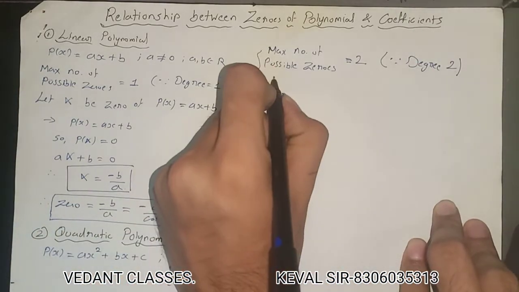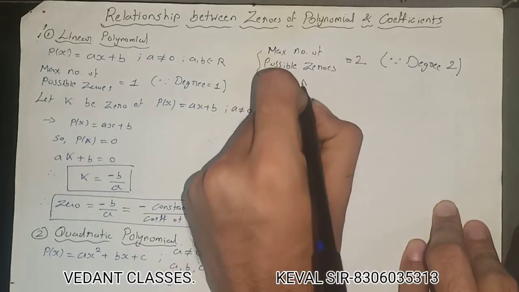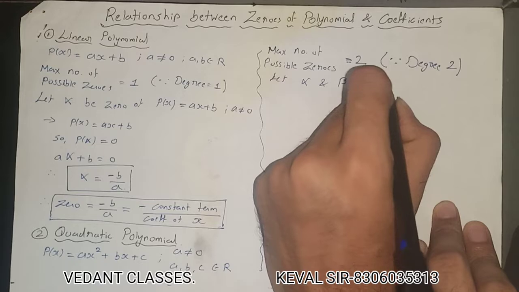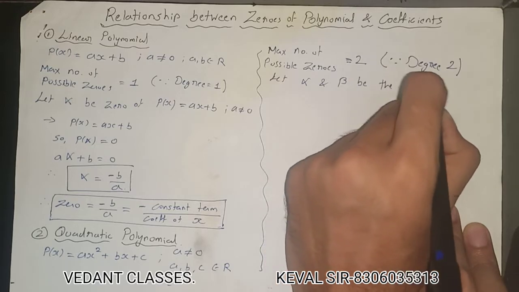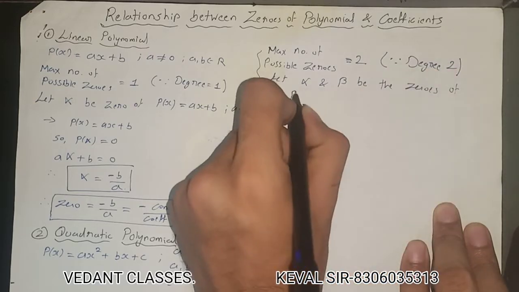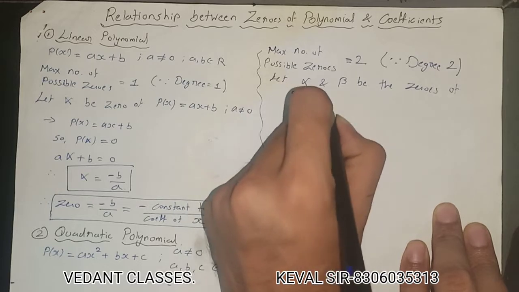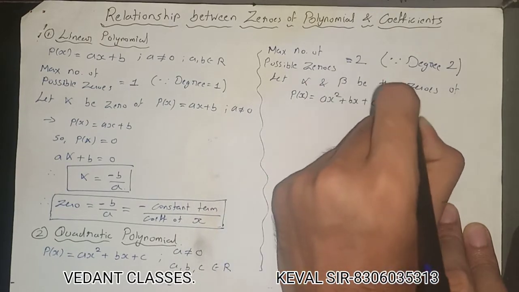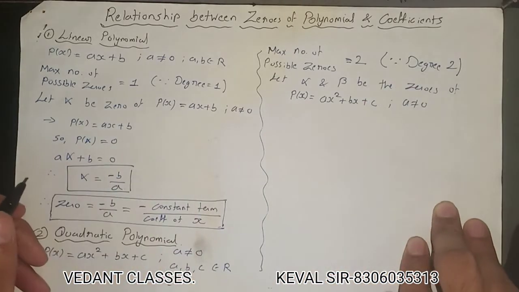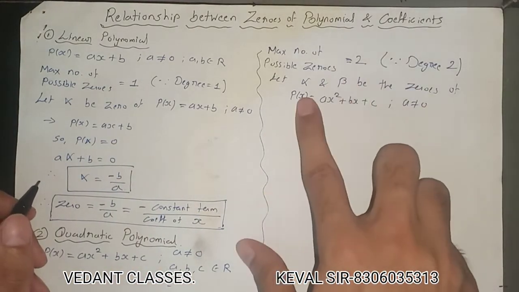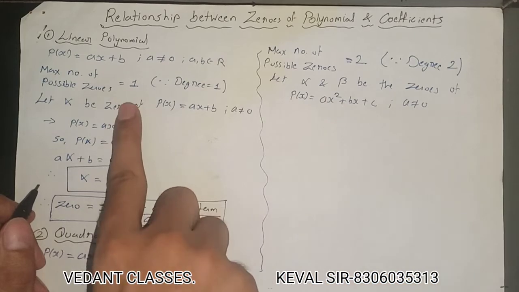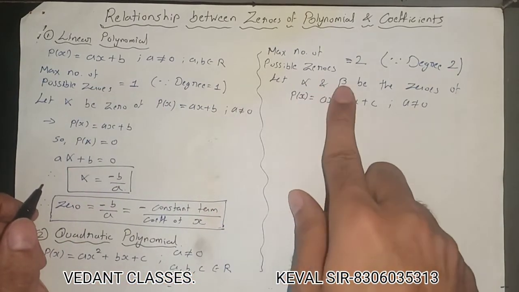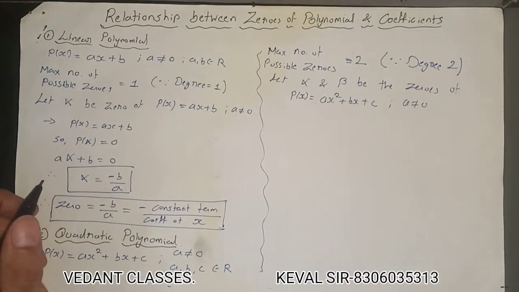So let alpha and beta be the zeros of p of x, that is ax square plus bx plus c, where a cannot be equal to 0. Here there are two possible zeros, alpha and beta. For the linear polynomial there was only one possible zero, so we noted it as alpha.